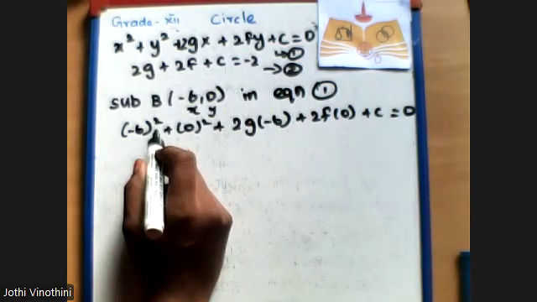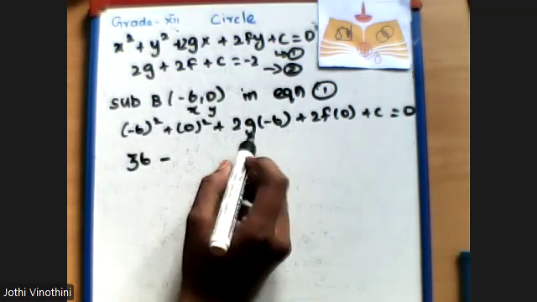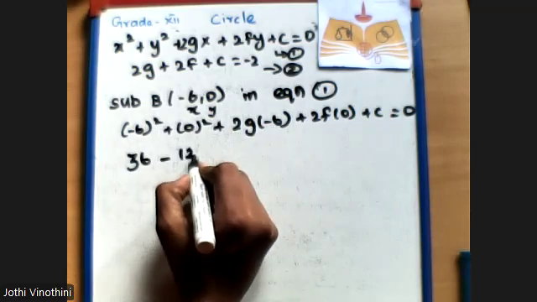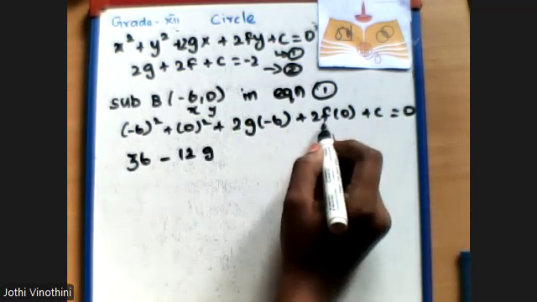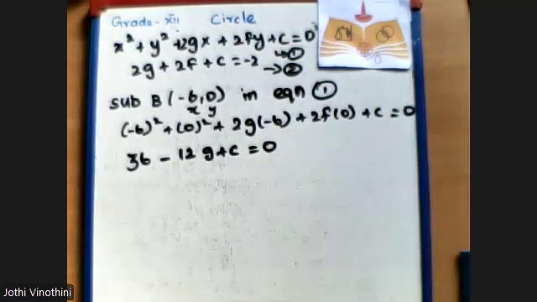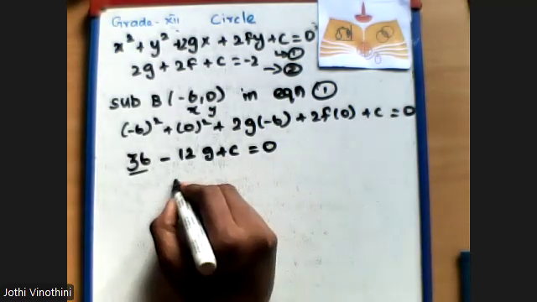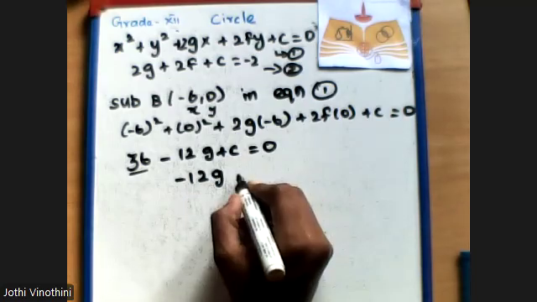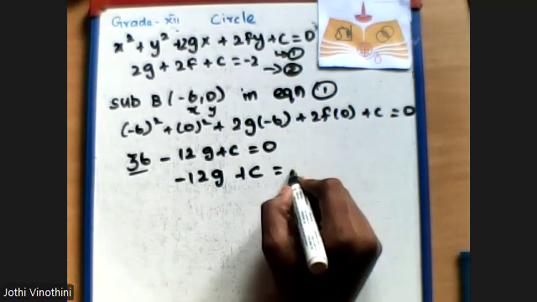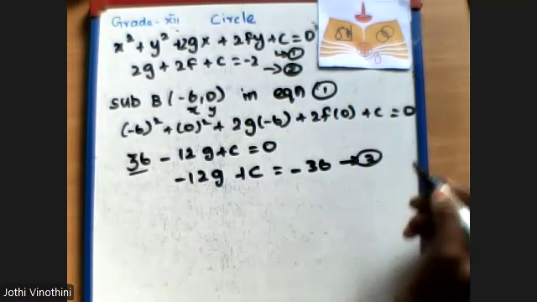Minus 6 the whole square equals 36. 0 squared will be 0, and 2 multiplied by minus 6 gives minus 12g. The entire 2f term will become 0, plus c equals 0. I'm going to take this 36 to the other side. So it will be minus 12g plus c equals minus 36. I'm going to consider it as equation 3.